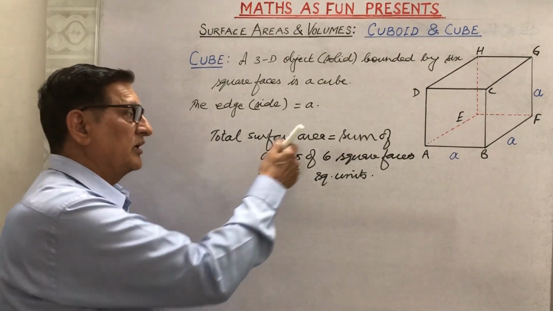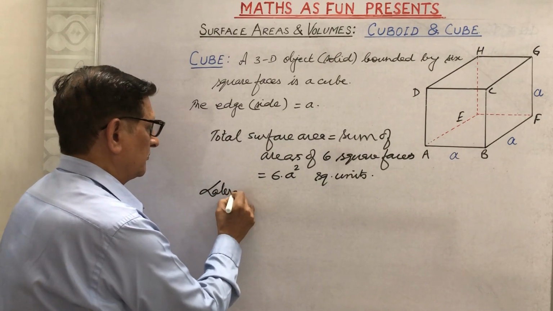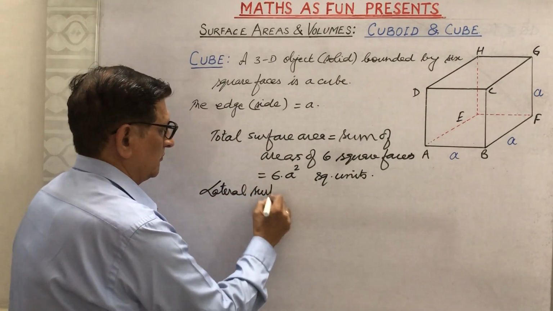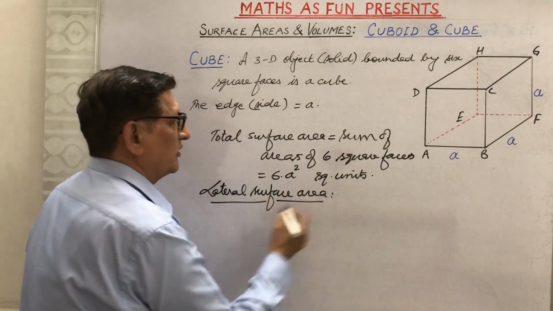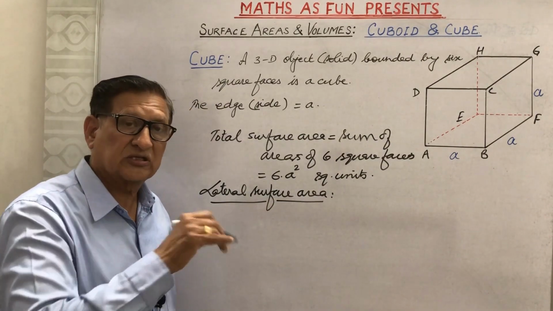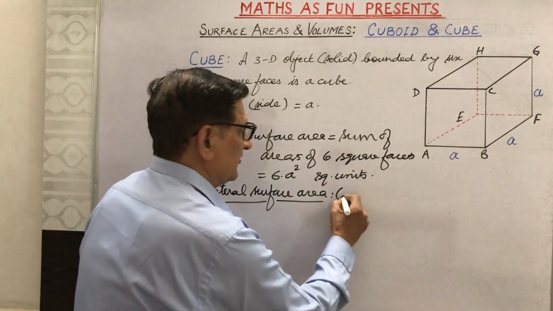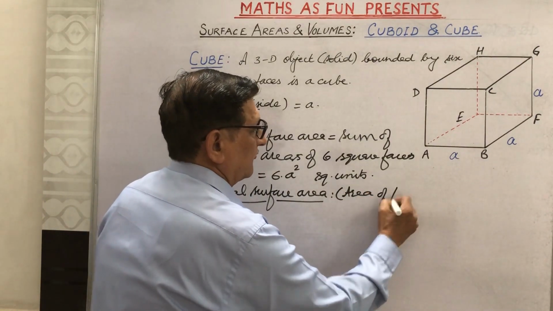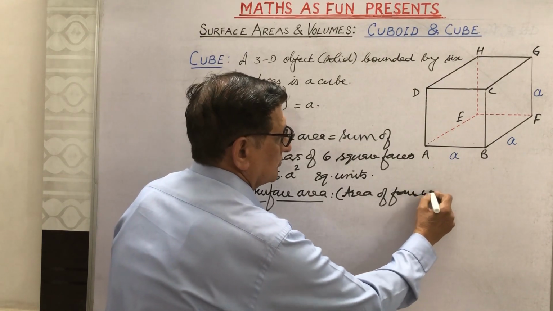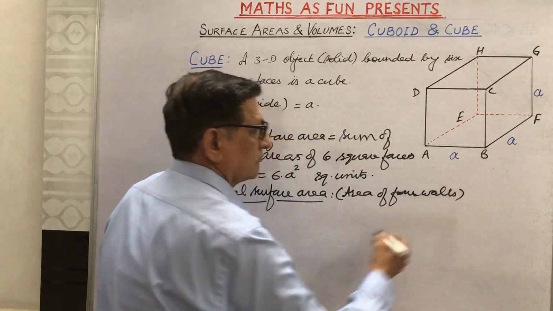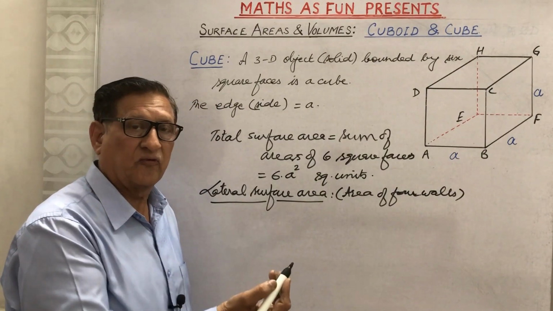If we come to the lateral surface area, the lateral surface area of this is the area of 4 walls. That is the area of 4 squares.